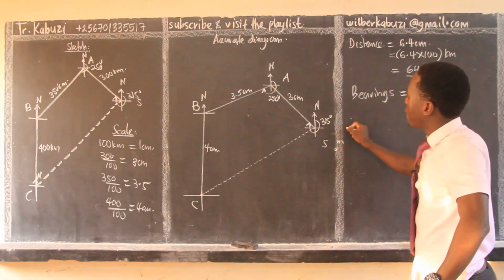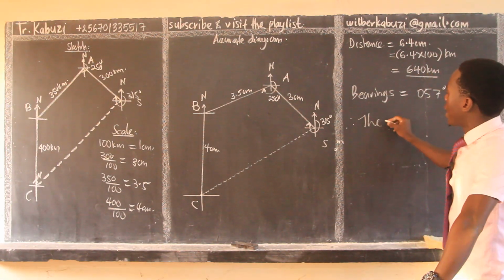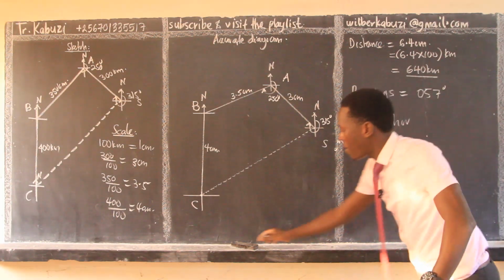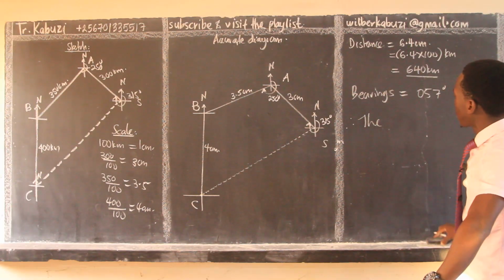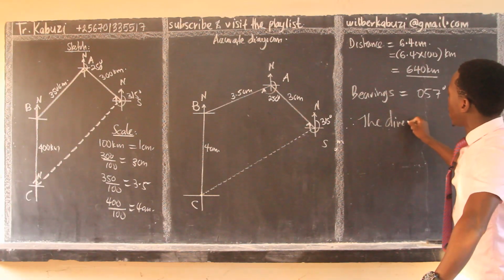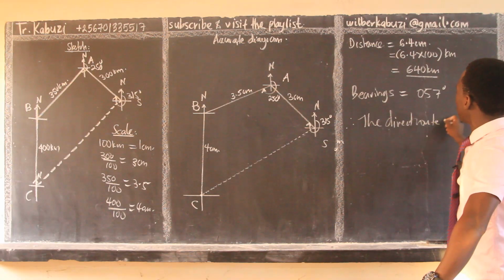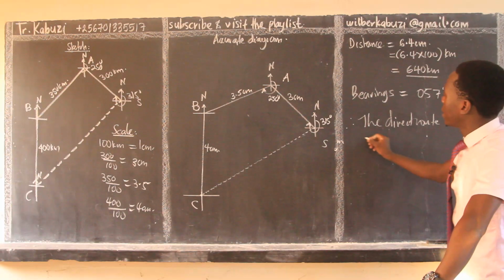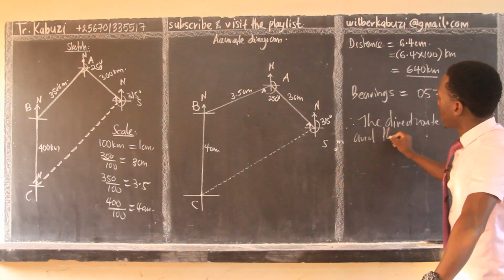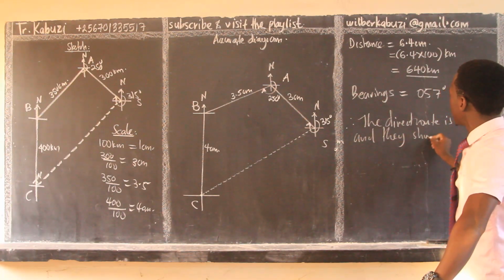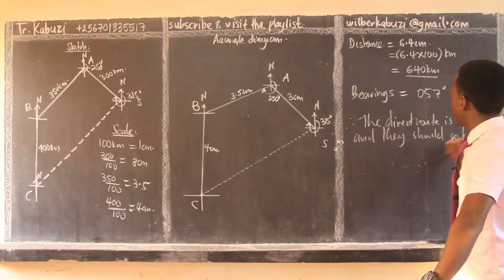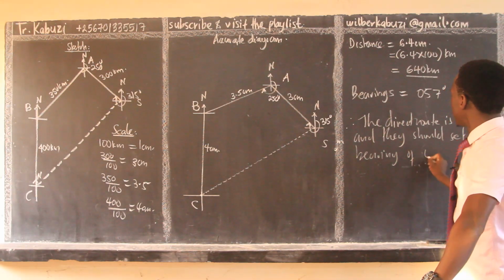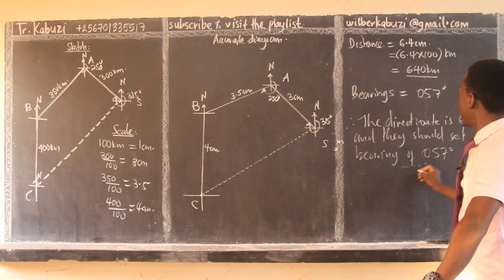So you come and respond therefore: the shortest route, the direct route, is 640 kilometers, and they should set a bearing of 057 degrees.